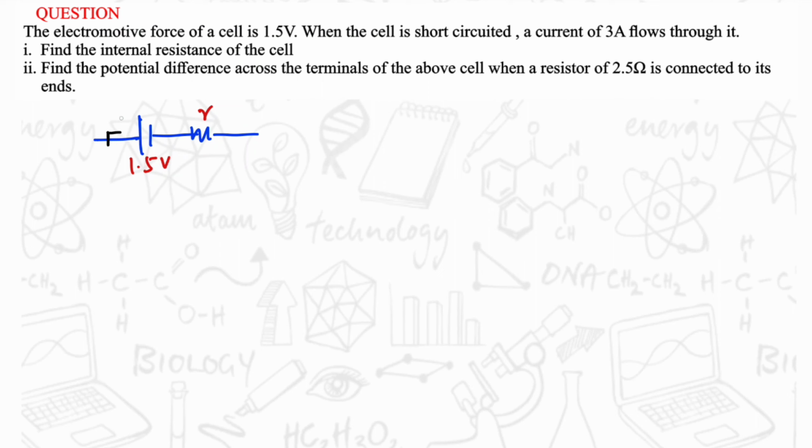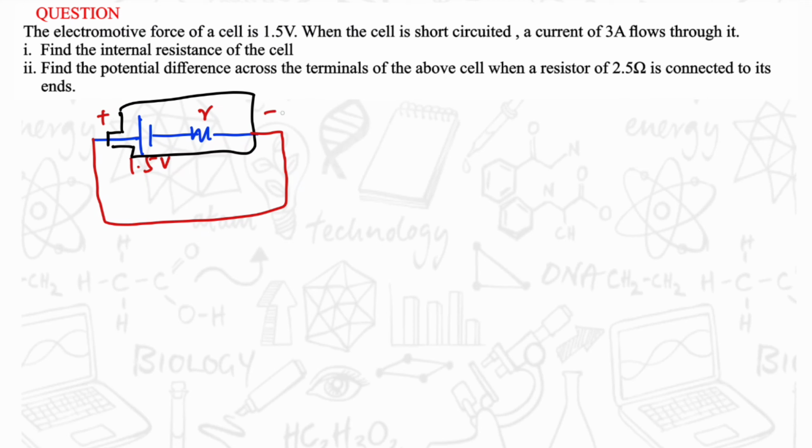It is 1.5. So if this is the cell, they have short-circuited it. So we should connect the positive terminal and the negative terminal using a wire. Here there is a current flow because we have a resistance. So let's mark the current I, and the current is equal to 3 amperes.